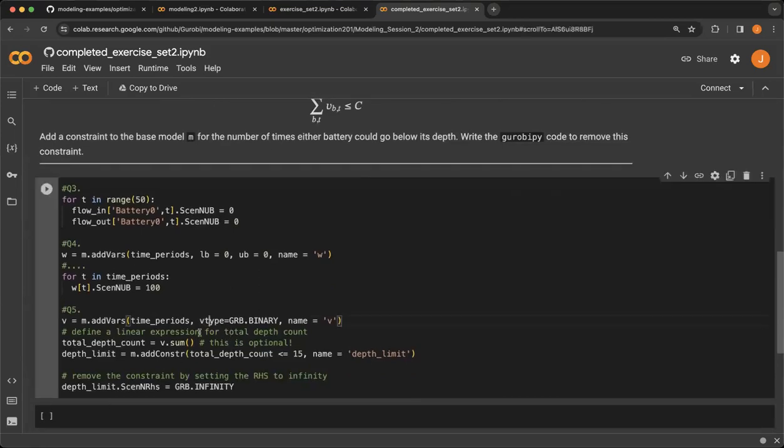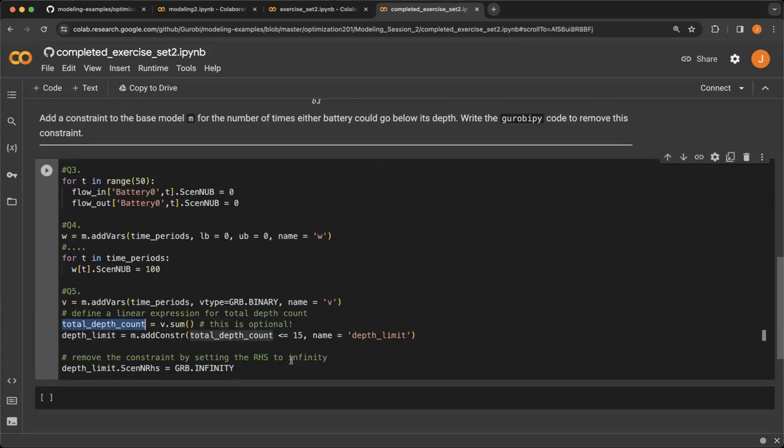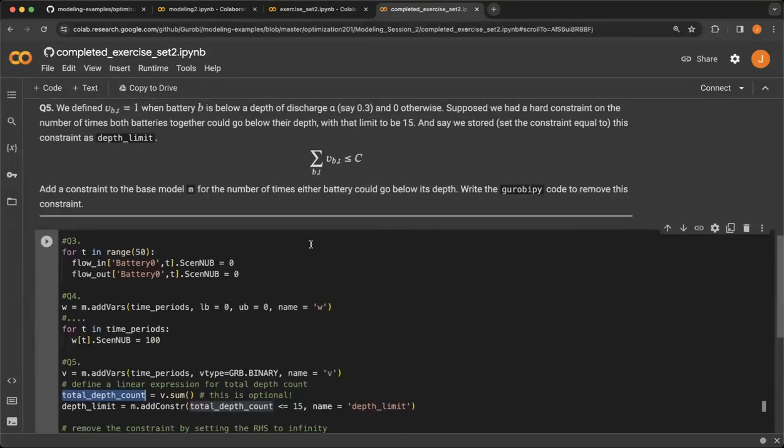So here is our variable, and you don't have to do this summation part, but I kind of like it now. This is our original constraint saying that the depth count must be less than or equal to 15. To get rid of that, since this is a single constraint, we just change the right-hand side. It was 15, now it's infinity.